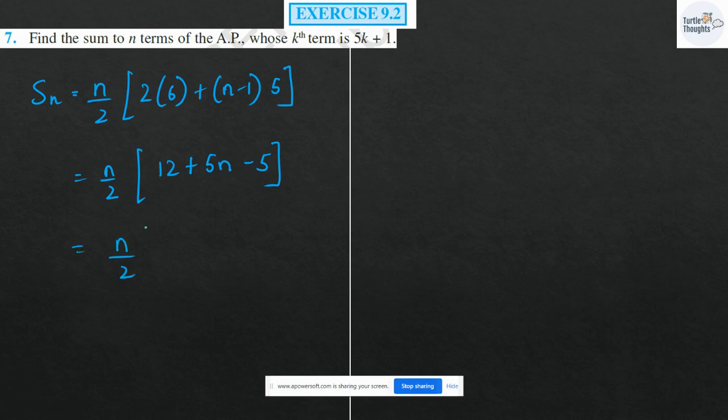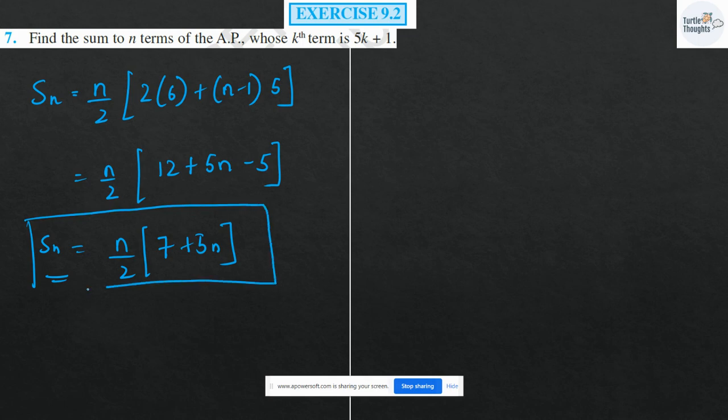So n by 2 multiplied by (7 plus 5n). This will be your Sn. The sum of n terms will be given by n by 2 multiplied by (7 plus 5n), if your kth term is given as 5k plus 1.